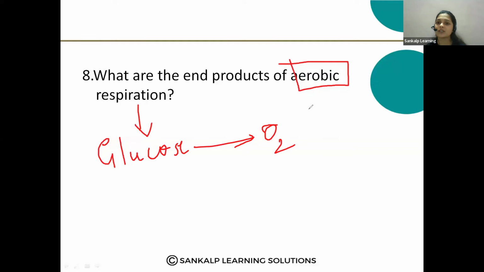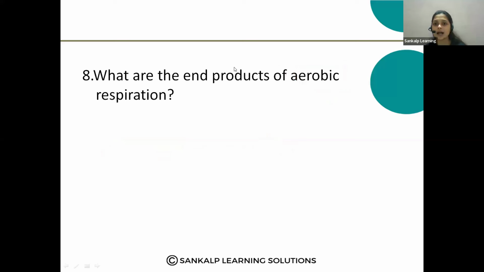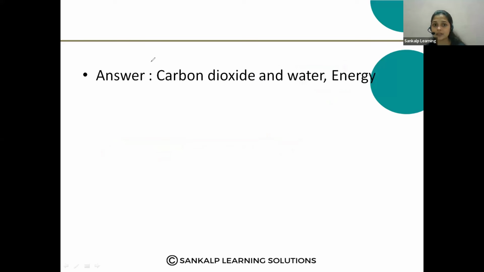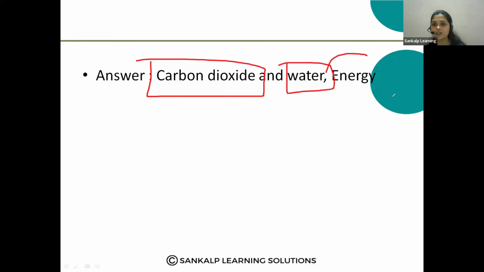Where does it take place? Commonly in our body, except in the muscle cells, which perform anaerobic respiration. The products are carbon dioxide, water, and the energy released. These are the end products.